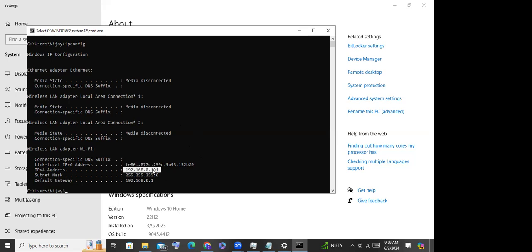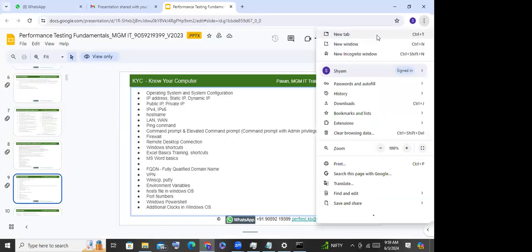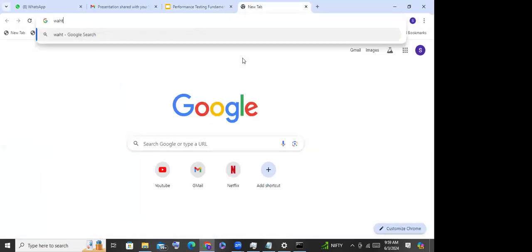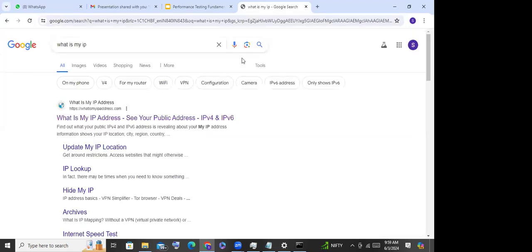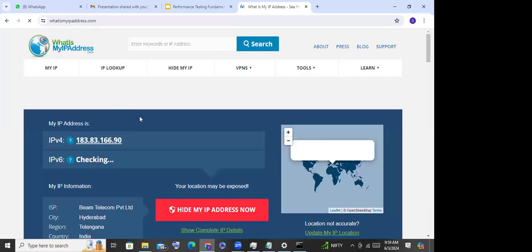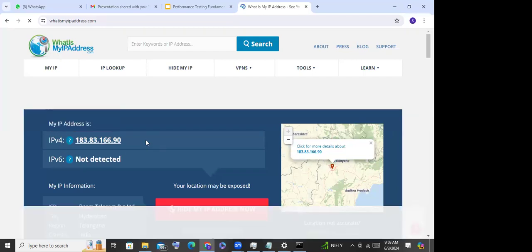But then, guys, what is my actual IP address when I get connected to the internet? In order to see that, just Google "what is my IP", or open a browser and go to whatismyipaddress.com.